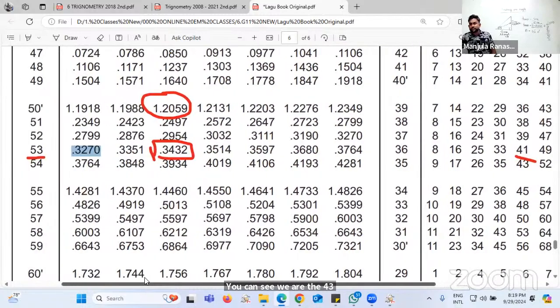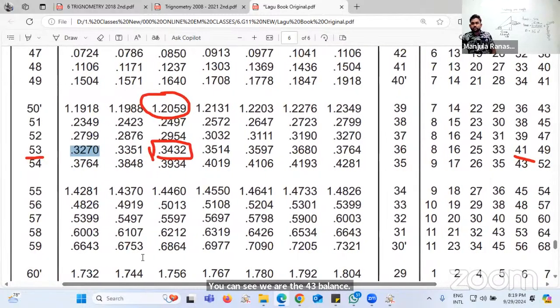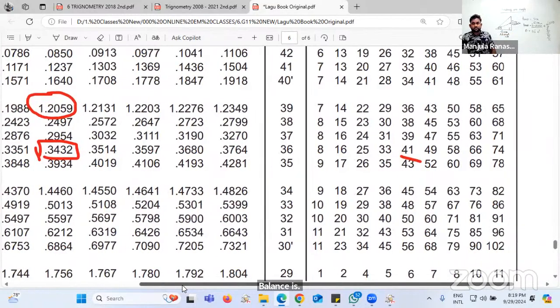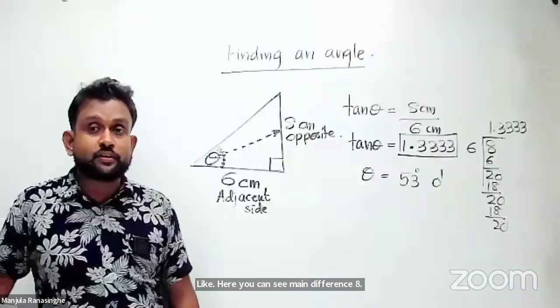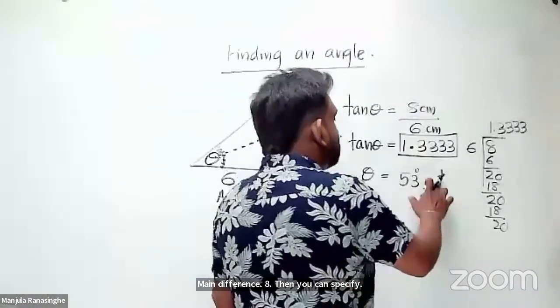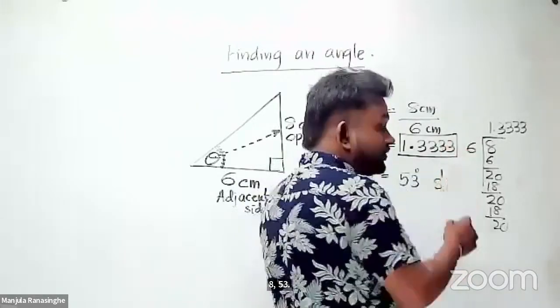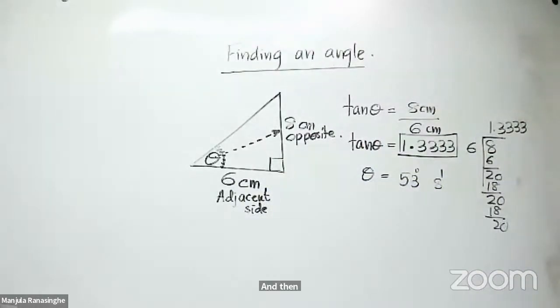You can see that around here the balance is 66. So for the 66 balance you can see the mean difference 8. Mean difference 8. Then you can specify it as 53 degrees and then 8 minutes. So that's how you take it.